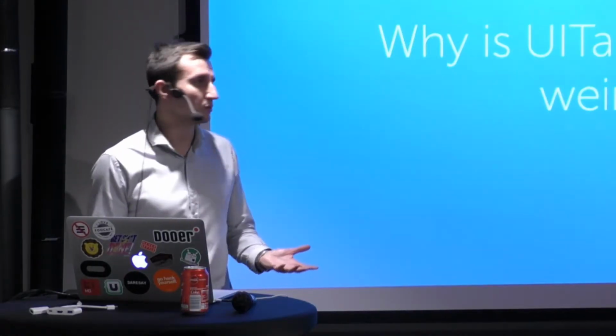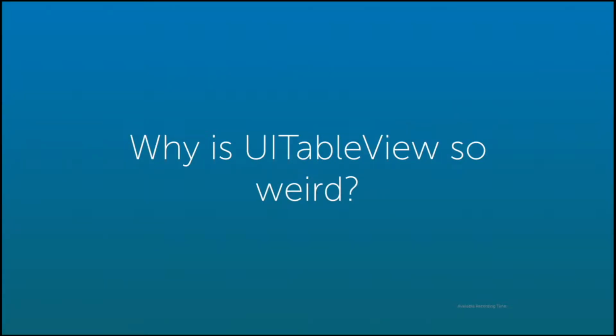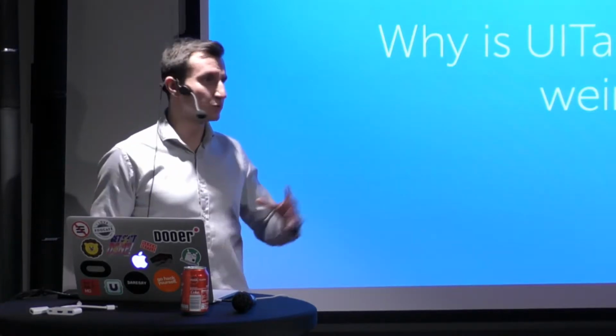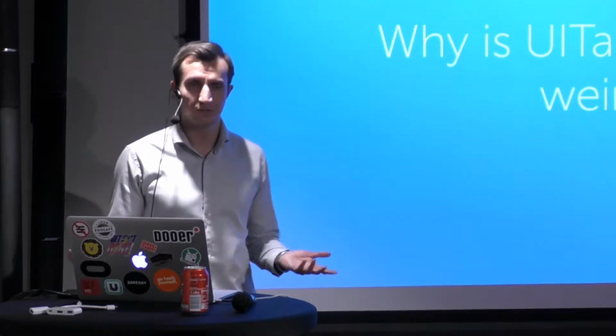The only problem with UITableView has always been its API, and anybody who's been new to iOS development and tried to implement a TableView for the first time has of course experienced all this weirdness with data sources and delegates and keeping track of indexes and index paths.